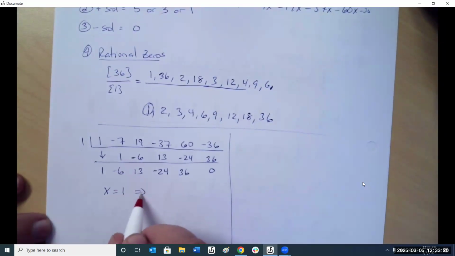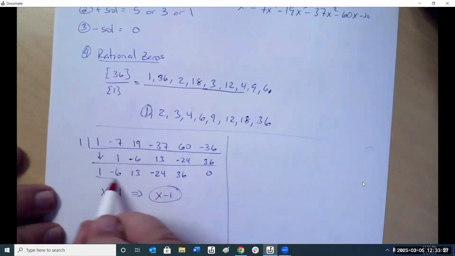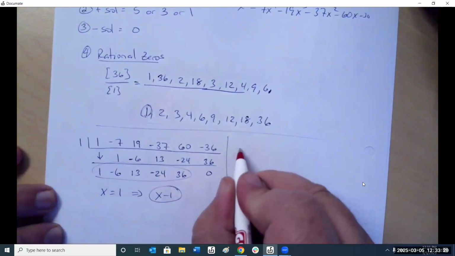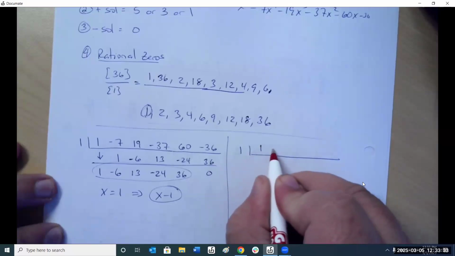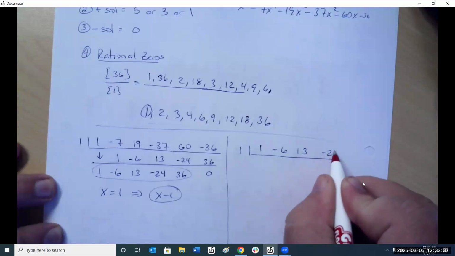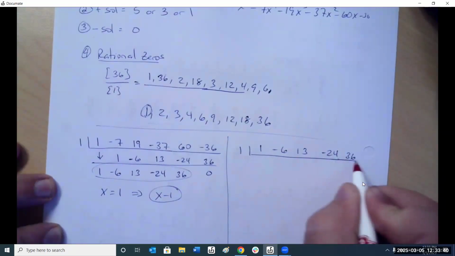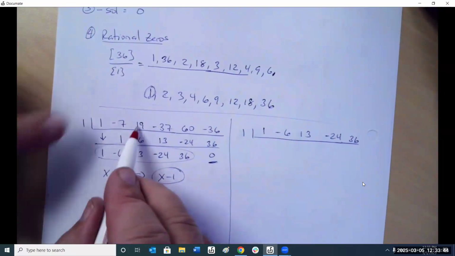So we know that my first factor is x minus 1. Okay, so I start off with 1 again, see if it's a multiplicity. 1, -6, 13, -24. Once you get a 0 remainder, you don't have to go back to the original equation.